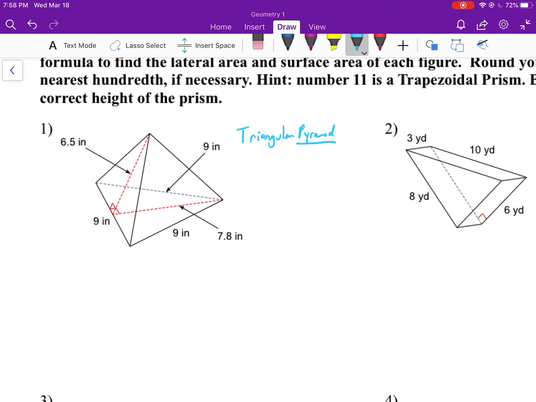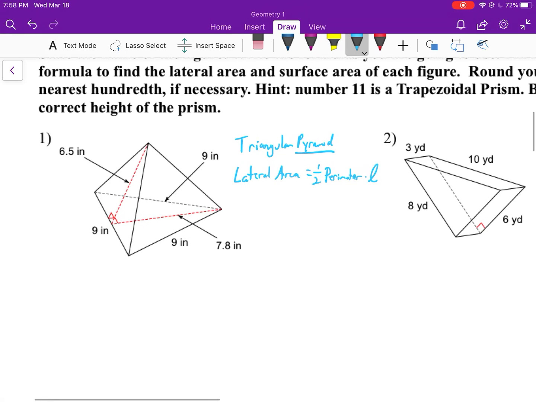So our lateral area for a pyramid is 1/2 the perimeter of the base times the slant height, which we used L for, and I'm running out of room there, so that's slant height.